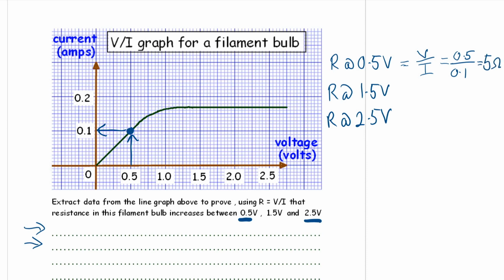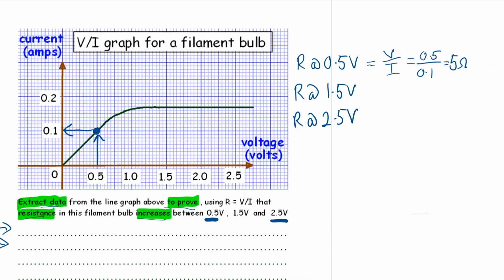So what it's saying down here is, extract the data to prove that the resistance increases. Look at the keywords. Use data to prove the resistance increases.